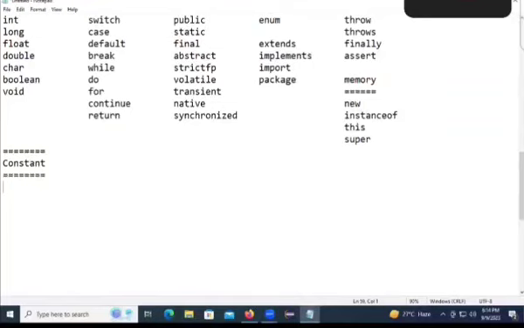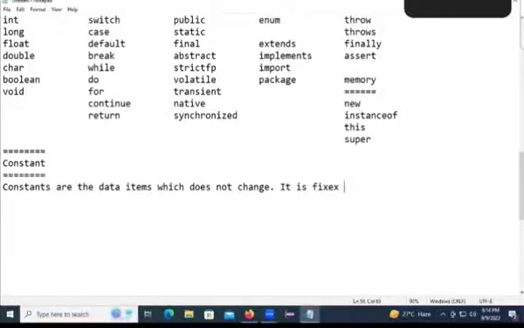Constants are the data items whose value does not change. It's fixed throughout the program. Its value cannot be changed or modified.